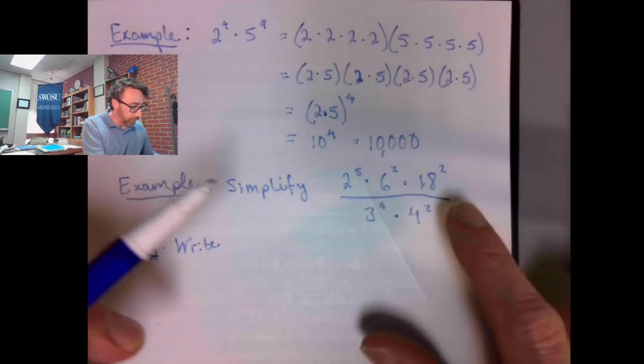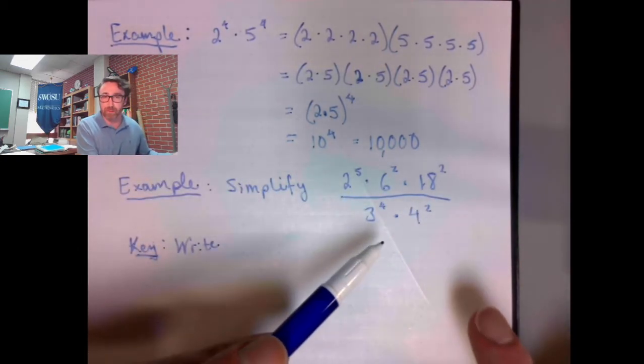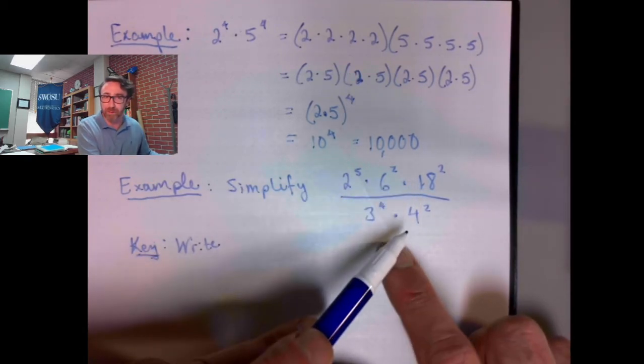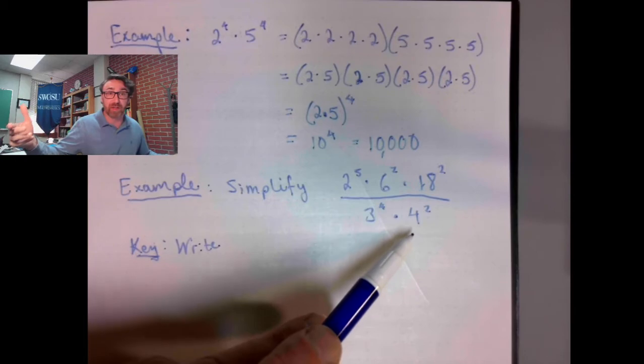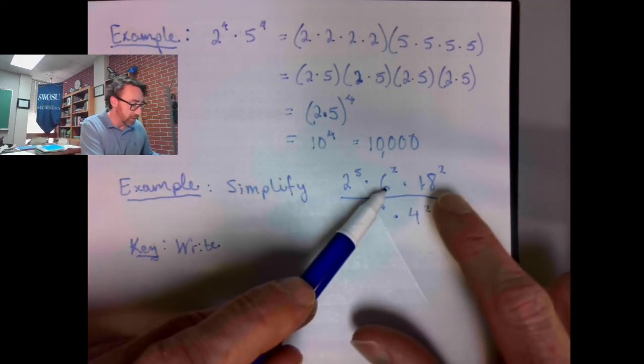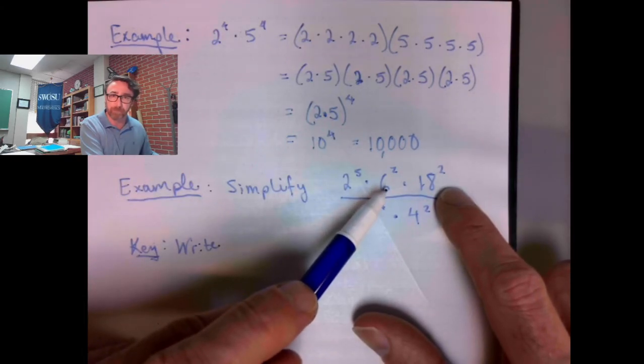I notice that everything is even, except for this. This has factors of 3. These are all even. Even means I've got factors of 2. Everything here has factors of 2, and these guys have factors of 3.